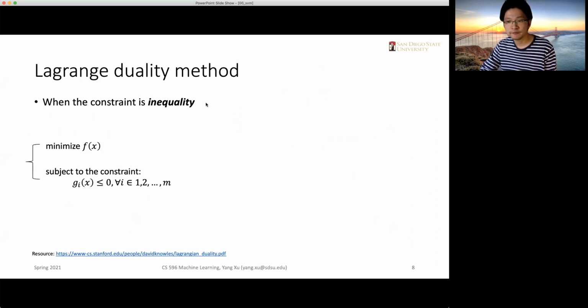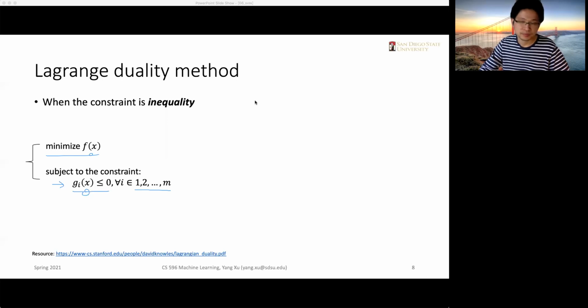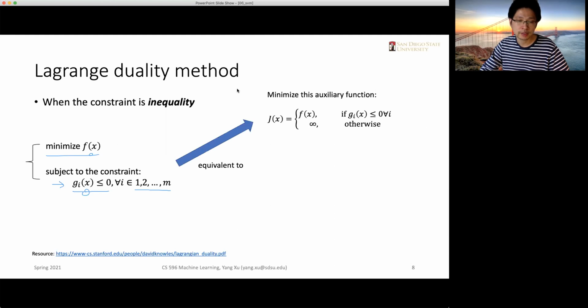In this example we have a bunch of inequalities, m of them, and all of these inequalities need to be satisfied while we are minimizing some function f of x. This inequality constraint makes things much trickier.